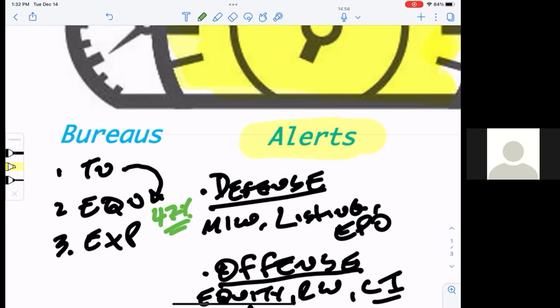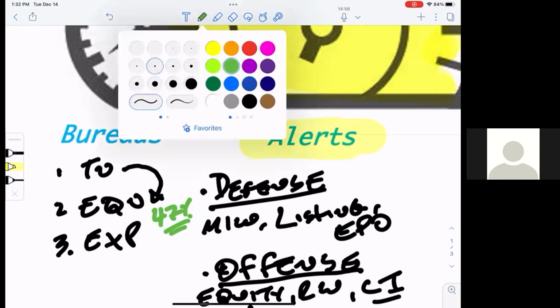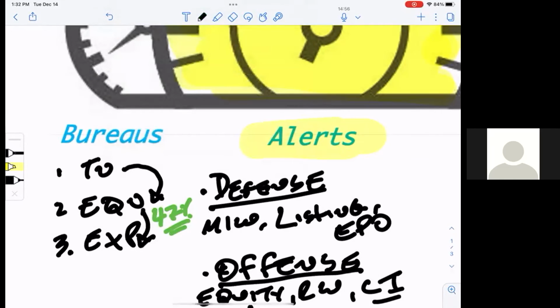And when they went from dual bureau to tri-bureau, using all 3, they saw an additional 15% lift in alerts.